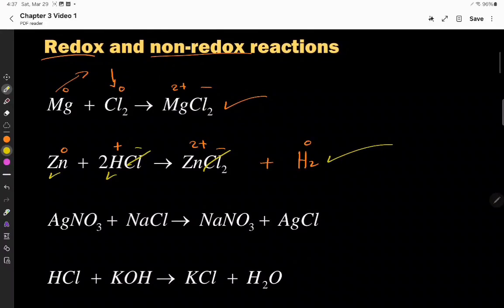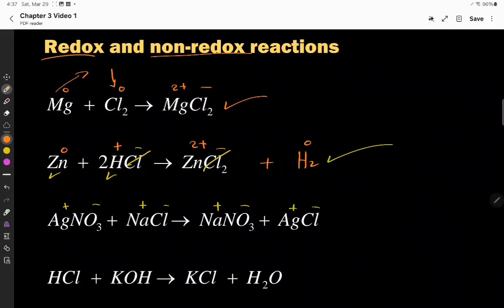Let's look at the third one here. Ag, silver, is positive 1, and after the arrow, Ag is positive 1. Sodium is positive 1 before and after the arrow. Nitrate is negative 1, and chlorine is negative 1.